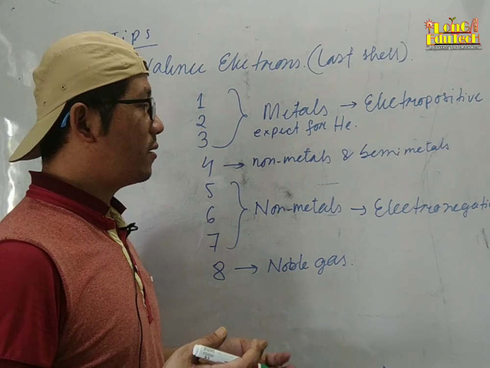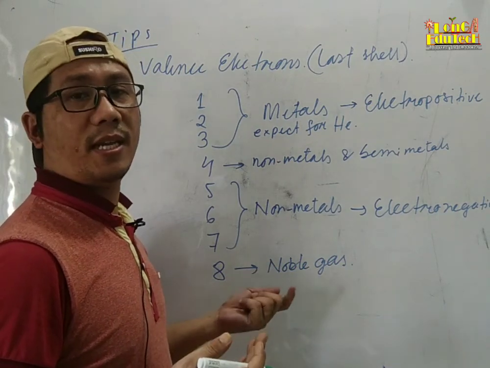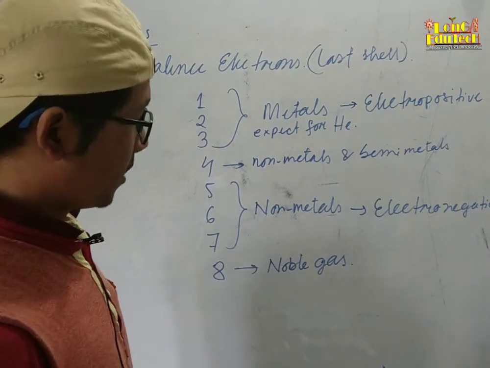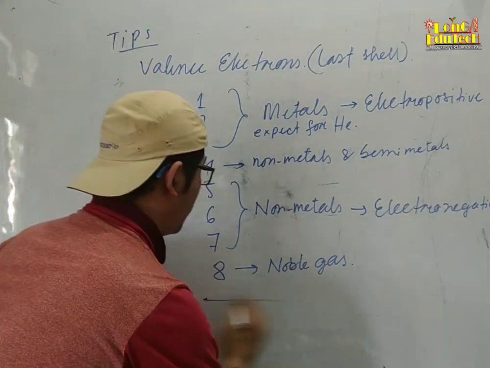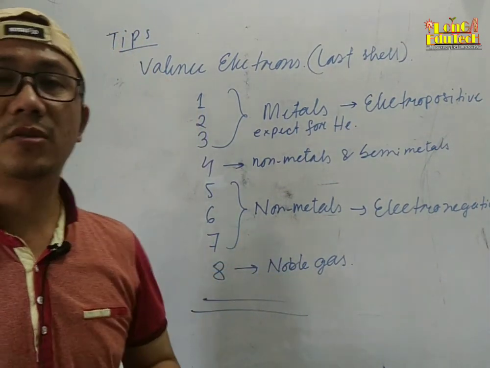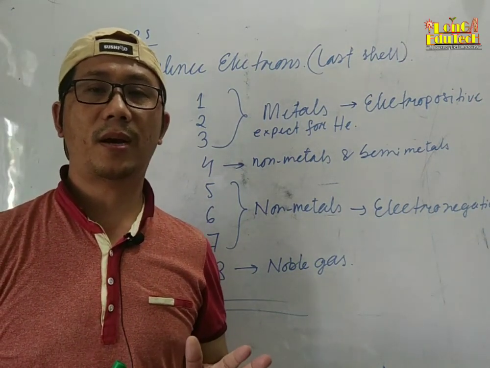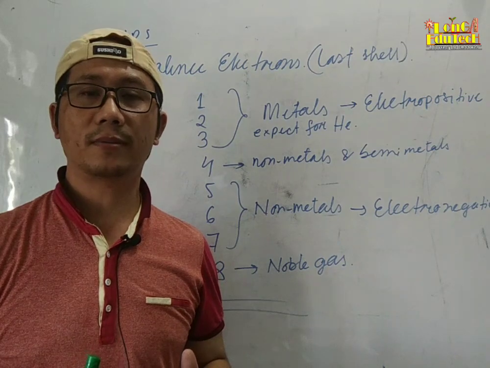After gaining electrons, they become negative, right? So they are called electronegative and electropositive elements. Okay, fine. So this is all about electronic configurations you have to know. And in the next videos and the next class, we will discuss how to write the formula of the compound. Thank you.